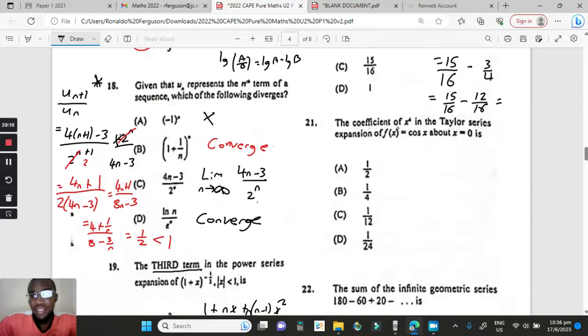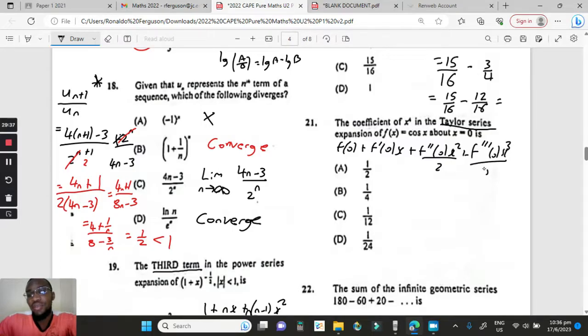This one now says the coefficient of x to the 4 using Taylor series. So Taylor series, remember, is f(0) + f'(0)x + f''(0)x² over 2 + f'''(0)x³ over 3 factorial, then plus f''''(0)x⁴ over 4 factorial. So this is the one we're focusing on. We need to differentiate cos 4 times.